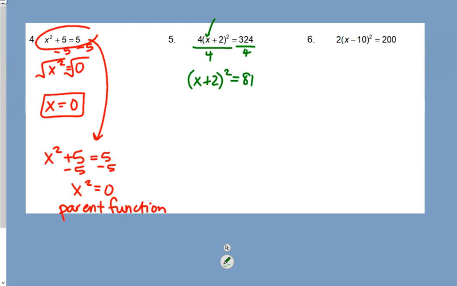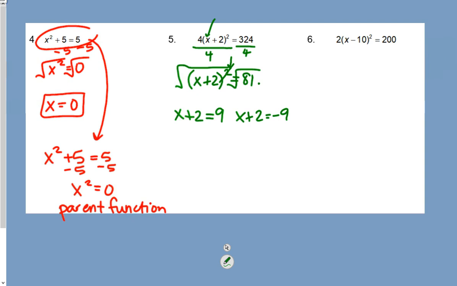Now, again, it's still kind of blocked by bodyguard of this 2, this exponent of 2. So actually, this is the time in which we're going to take the square root of both sides, okay? When I do that, I get x plus 2 left over, because that's taking away the exponent of 2. And then on the right-hand side, the square root of 81, that's both 9 and negative 9.